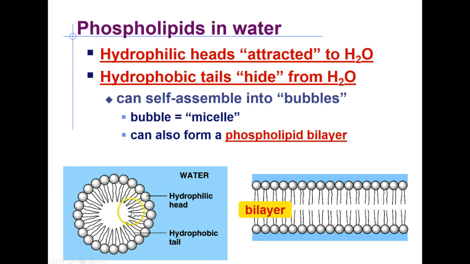And if they really want to get away from water, they'll do this over here. They'll form a bilayer. So these little ends touching each other, they're away from water. Out here in the blue, here's the water. But these are the charged hydrophilic ends. They don't care. So our cell membranes actually have a double layer just like this.